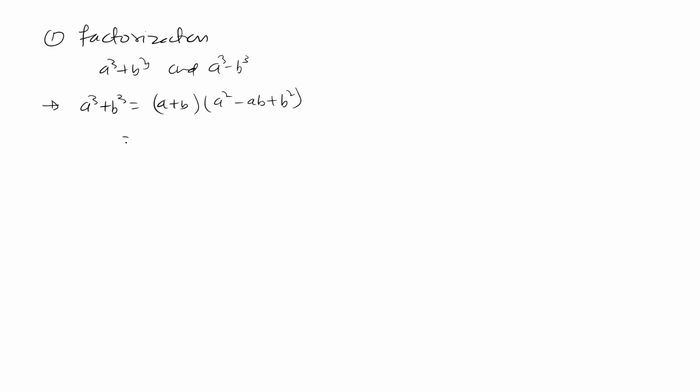We have to factorize this in terms of cube root of unity. So here 1 plus omega plus omega square is equal to 0 because the sum of the cube roots of unity is 0. So omega plus omega square we can write as minus 1.